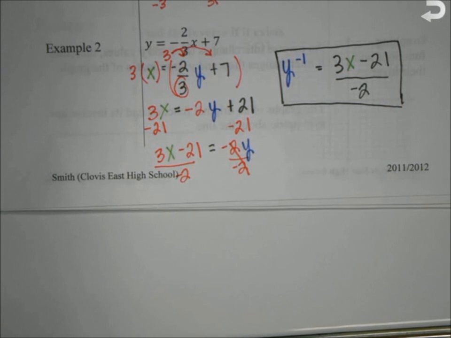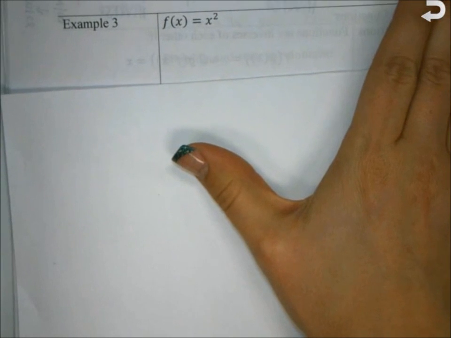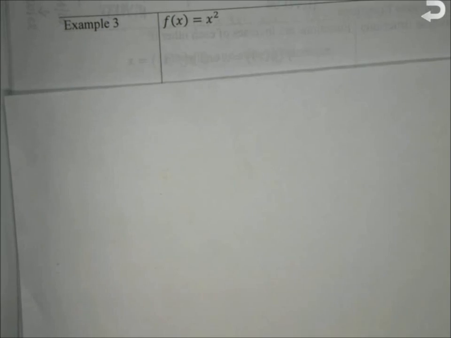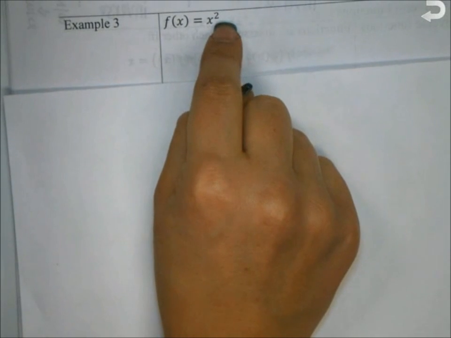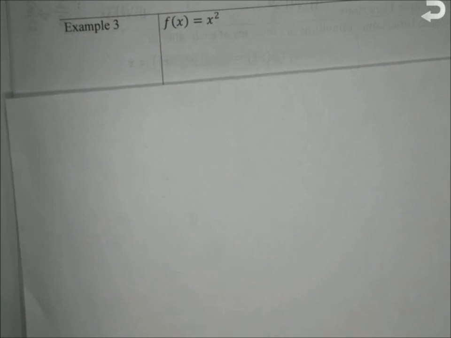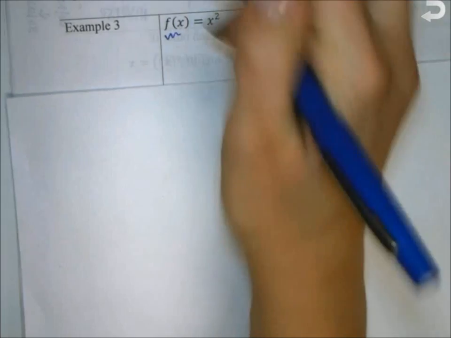For example 3, we're actually looking at a square function here. So we have f of x equals x squared. So what we can do here to make it a little bit easier on ourselves, we can actually replace f of x with y. So I'm just going to rewrite this whole thing as y equals x squared.